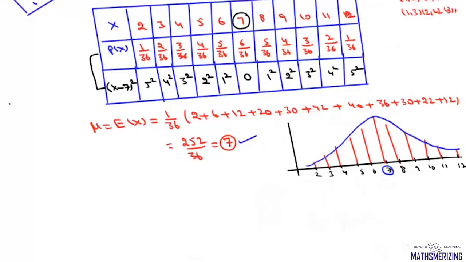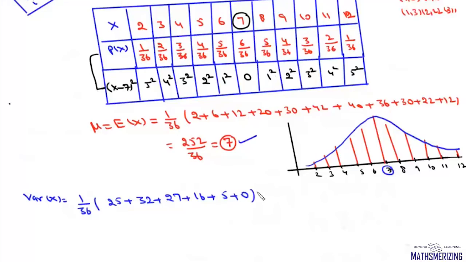The variance of x will be, again we'll take 1/36 common, and here this is 5² into 1, 4² into 2, 3² into 3, 2² into 4, 1² into 5, plus 0, and again this is 1 into 5, 4 into 4, 9 into 3, and 5² into 1.